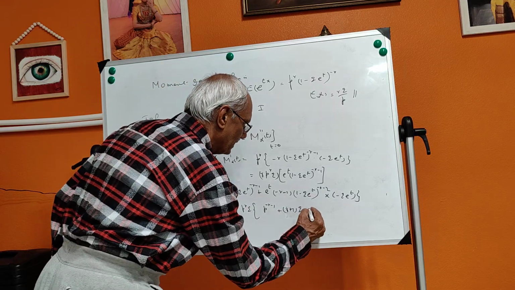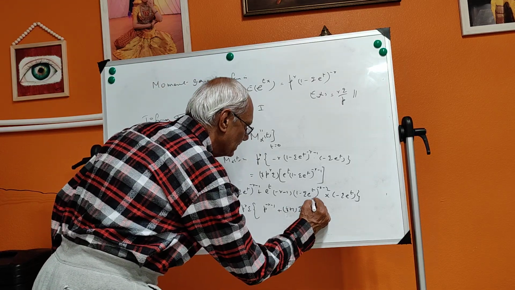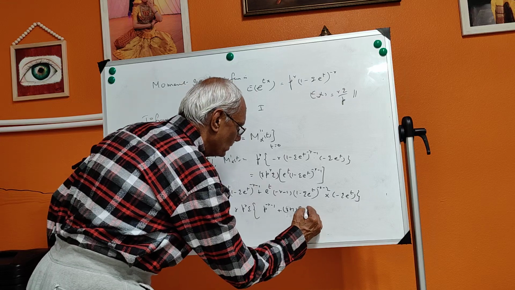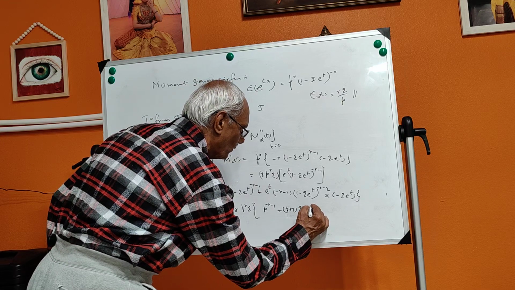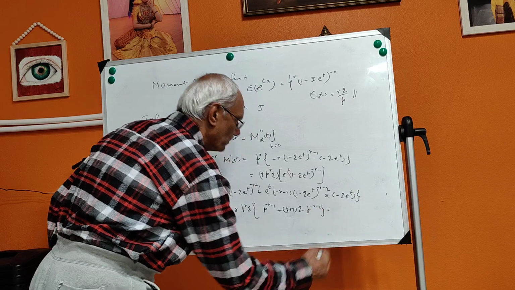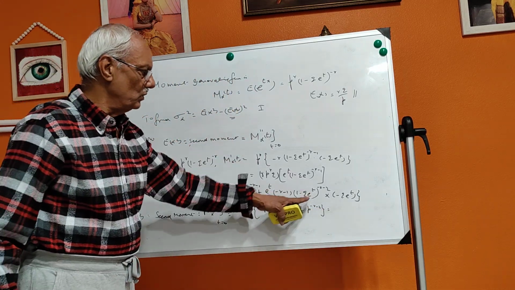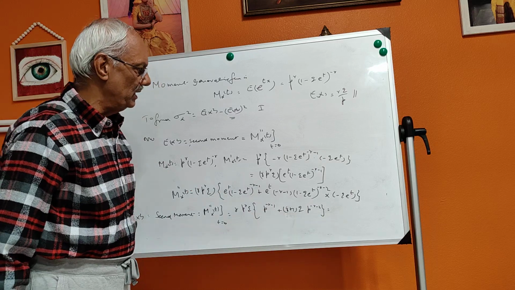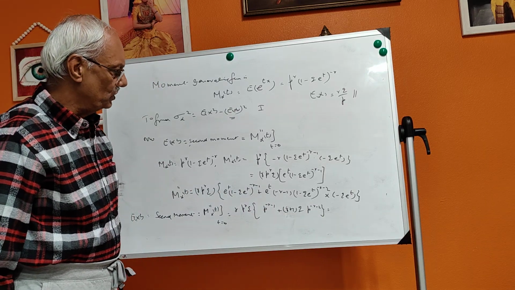And inside this you will get 1 minus, this is also p, so this is p to the power of minus r minus 2. Because you take t equal to 0, so 1 minus q is p, because p plus q is equal to 1.